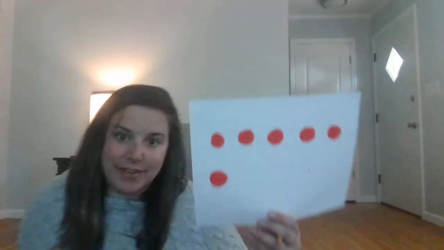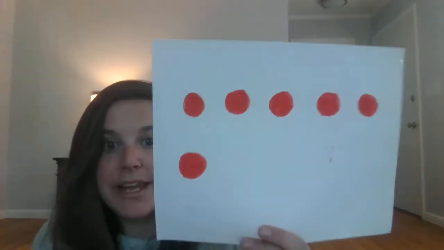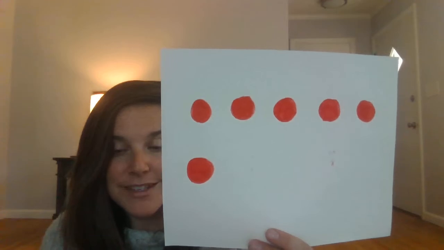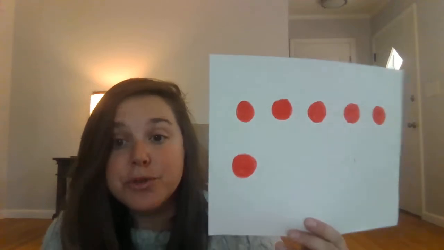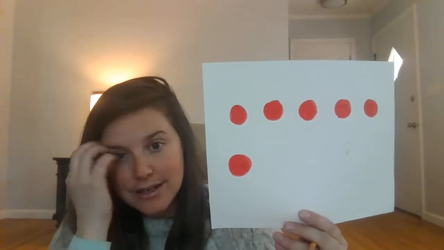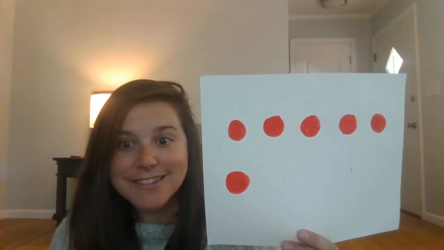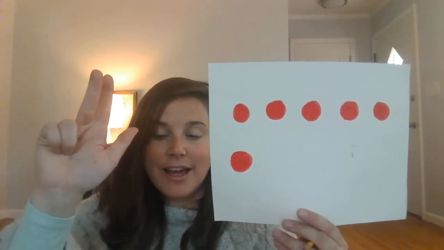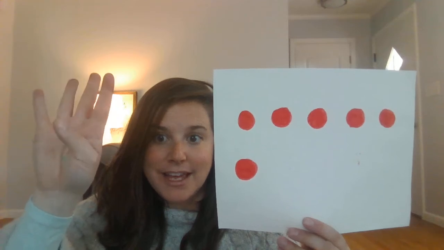All right, last one. For this activity, how many counters do we have? 6. 6 counters. How many more do you need to make 10? I'm going to count on from 6 again. 6, 7, 8, 9, 10.